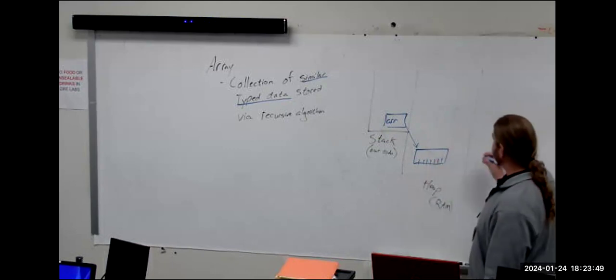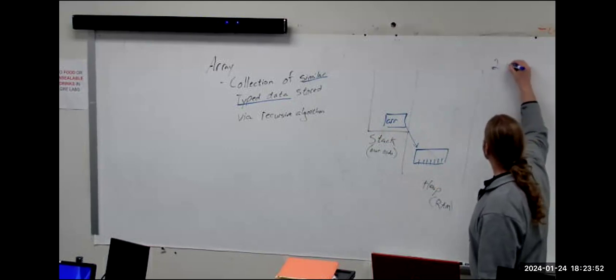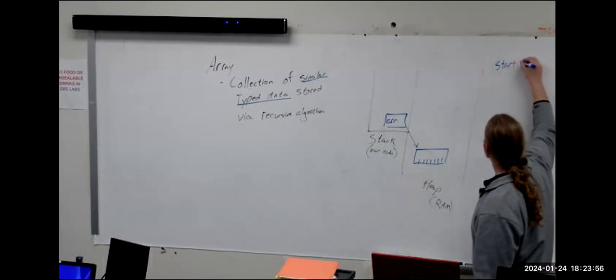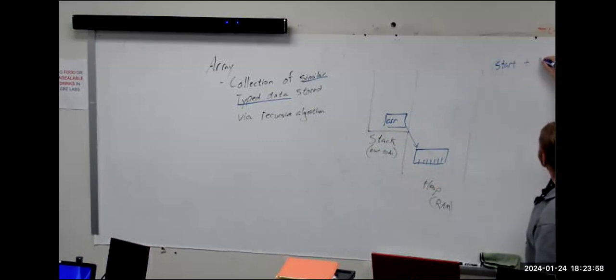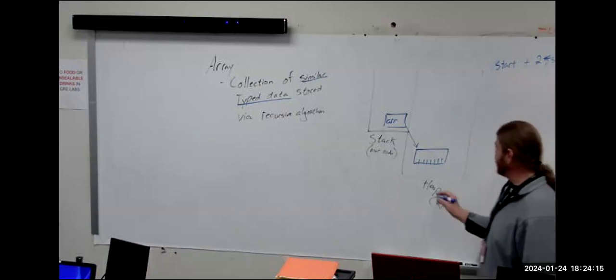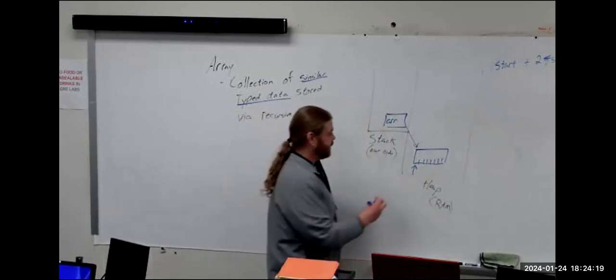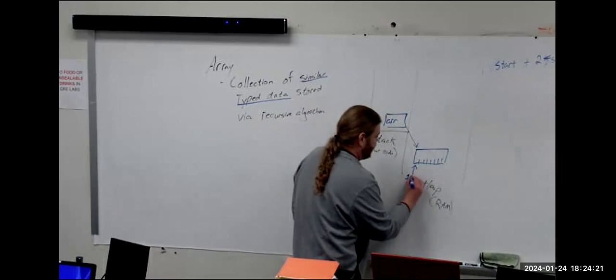And then a recursive algorithm might be something like start plus 2 times the size of our data plus 16. Just some sort of algorithm like that. So start, maybe the computer checks RAM and sees, okay, bit number 100 is open.